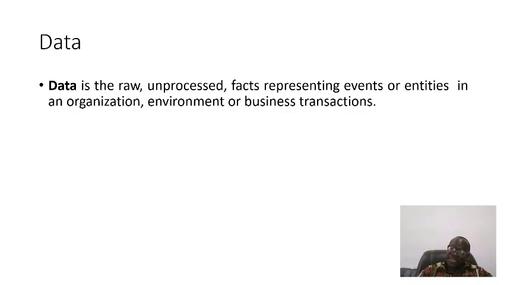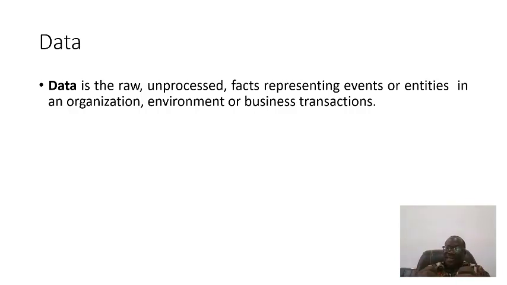You go to the ATM machine and want to withdraw money. There is a lot of data that you can pick from that transaction: the date that the transaction took place, the time, the amount that was withdrawn, the location of the ATM, and so many things.